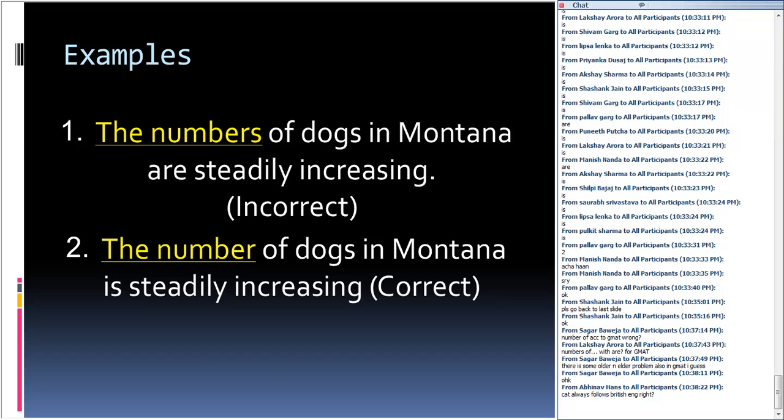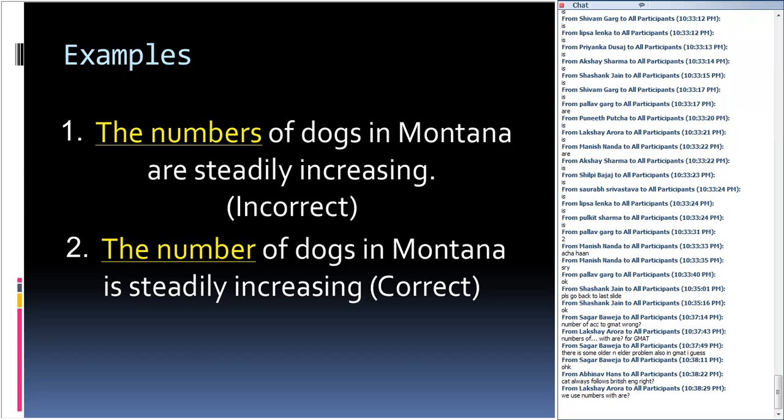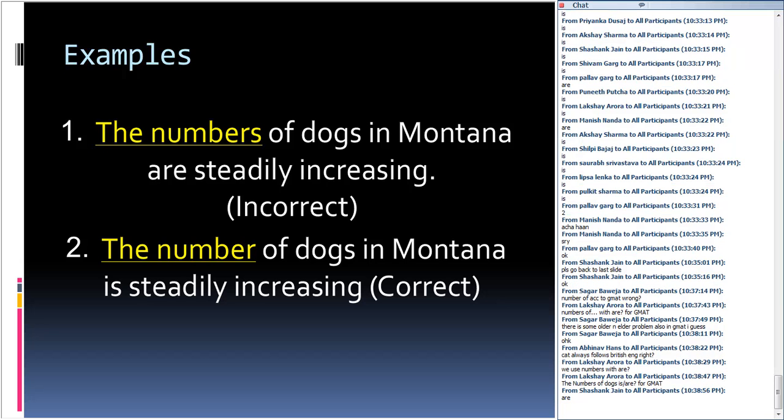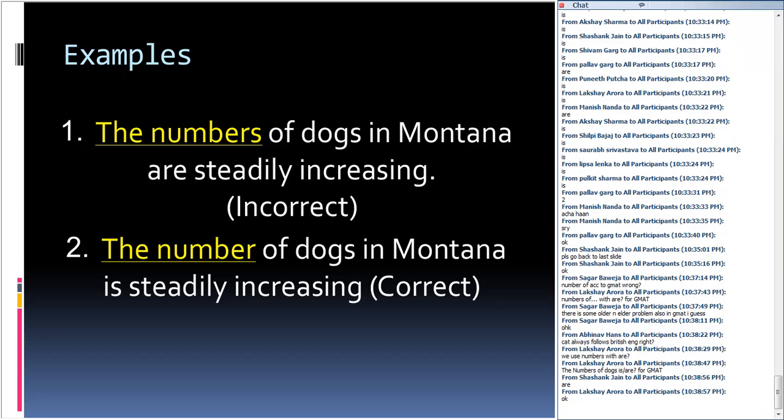Abhinav, this is a Pandora's box. You are saying CAT always follows British English. I don't know, you tell me, who knows that? That is something that we can only guess. How do we know? They never tell us. "The numbers of dogs", according to GMAT it should be "are". Okay, and Abhinav, if you come to know what English CAT follows, then please let me know. This is just an assumption that we normally make.